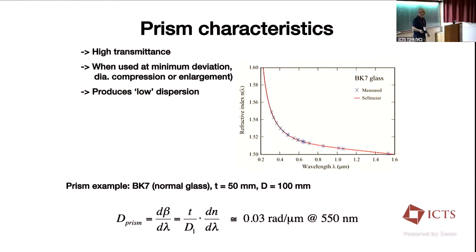Micrometer here is not the distance, it's the wavelength. Per unit wavelength in micrometer, I get 0.03 radian separation. So if I take two wavelengths which are separated by 1 micron, going through the prism, they will be separated by 0.03 radian. Remember this value.